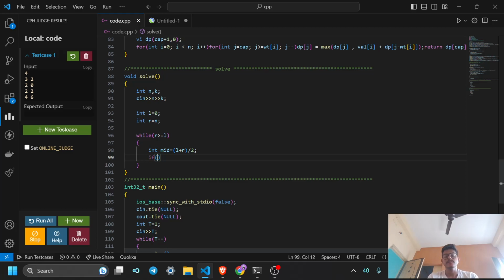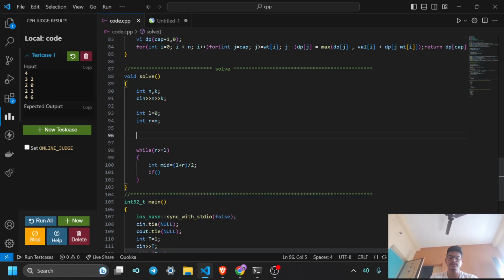So the max positive integer, I am setting it to r, that much positive integer. I will change it with my binary search.